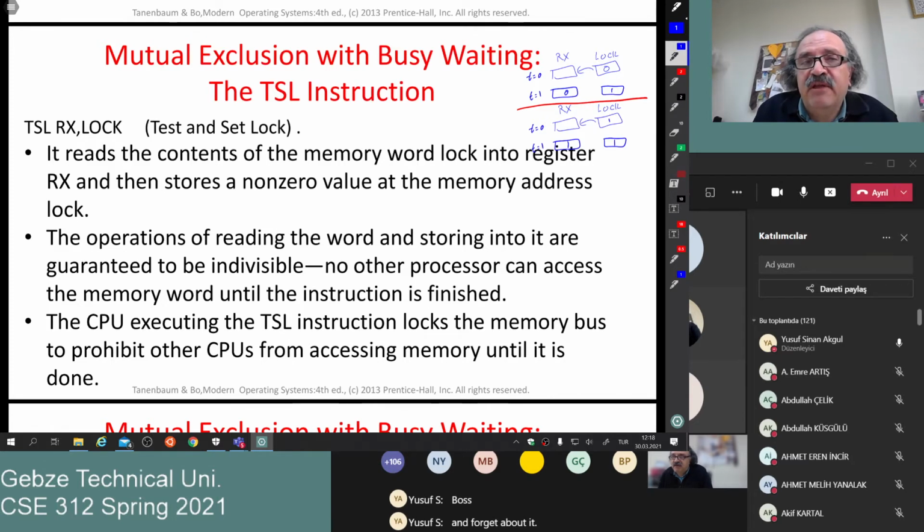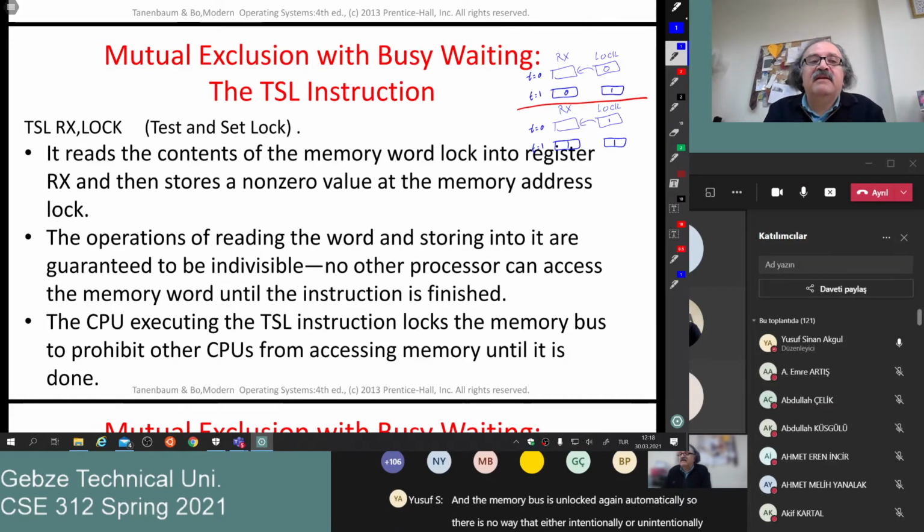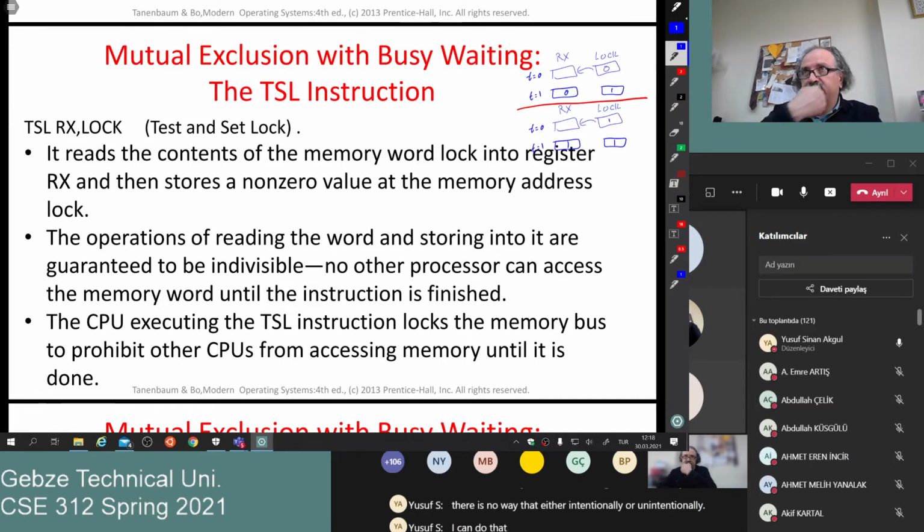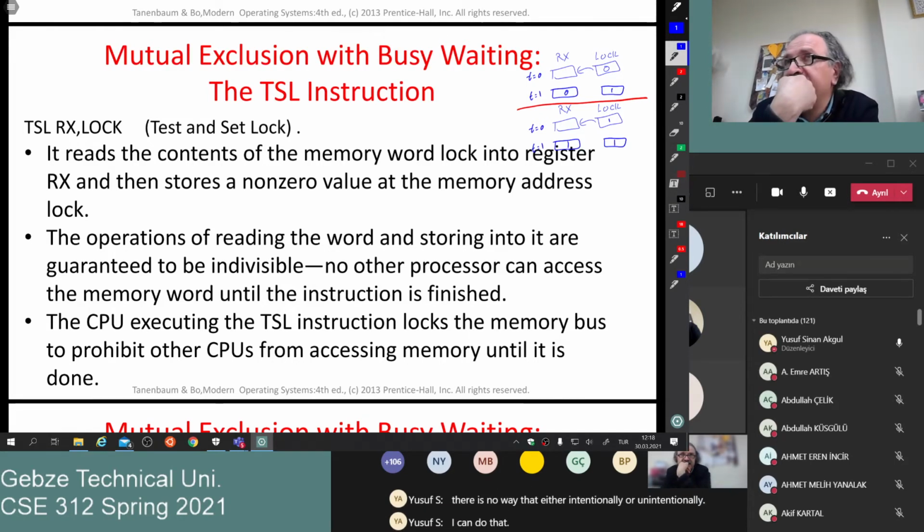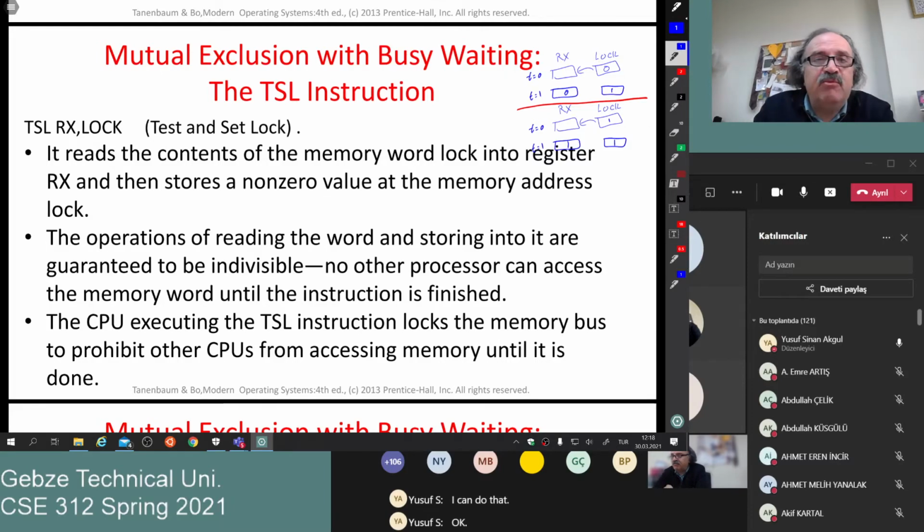I cannot do that because the TSL runs in a very short amount of time, and the memory bus is unlocked again automatically. So there is no way that either intentionally or unintentionally I can do that. So it doesn't have to be a privileged instruction.